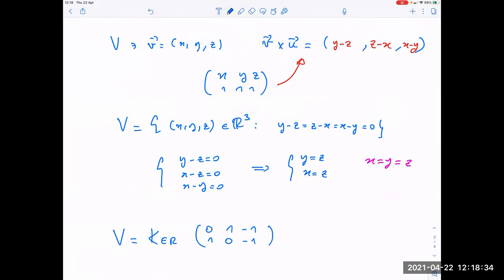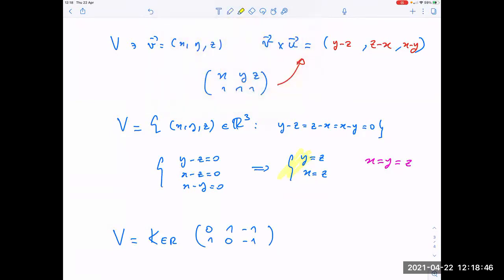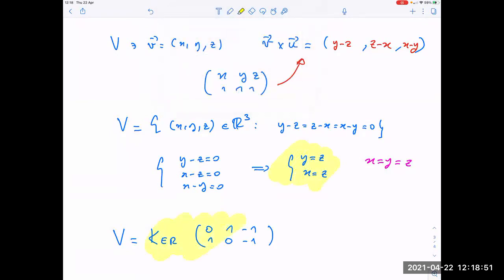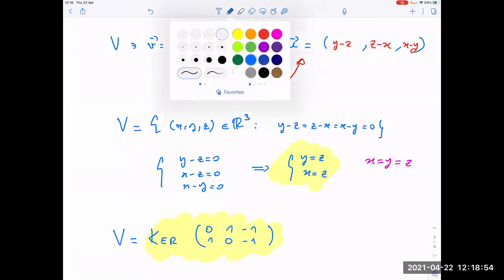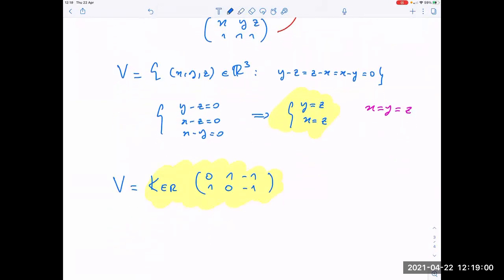Okay, so by writing it in this way, say as a solution space of a linear system of equations, or as a kernel, we can now use the tools we have learned. So by the Rouché-Capelli theorem, I can say what is the dimension. The dimension of V is the number of unknowns minus the rank of A. And I hope you agree this is 1, as we computed before, right?